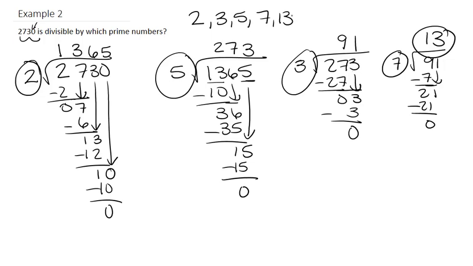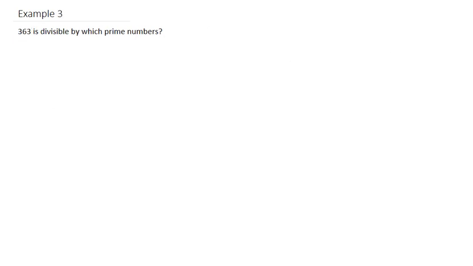Now let's look at one final example. Example 3. 363 is divisible by which prime numbers? So we look at this number and we start with the divisibility test of 2.